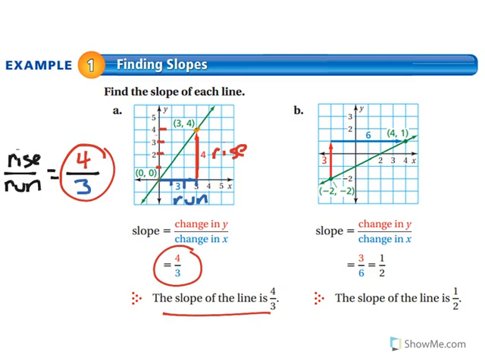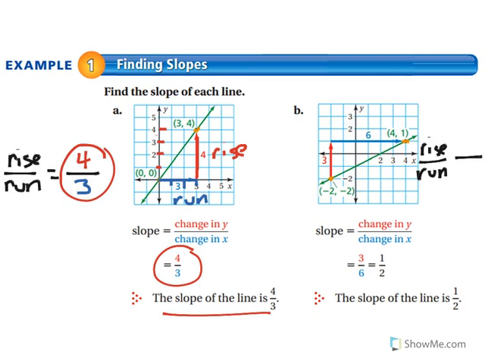Let's take a look at our problem B. Again, we're doing rise over run. And I guess this time we're going to start with the rise. We have 2 points we're looking at: negative 2, negative 2, and another point is 4, 1.